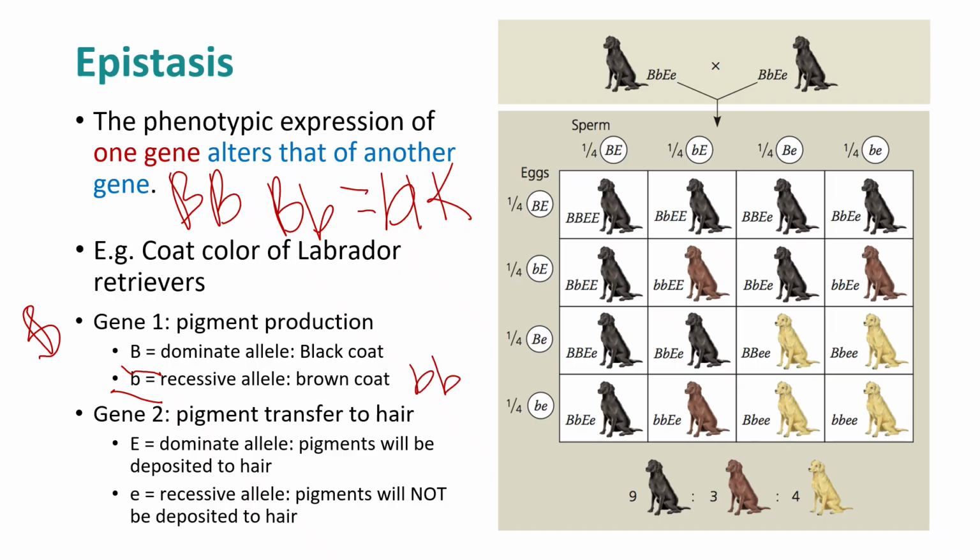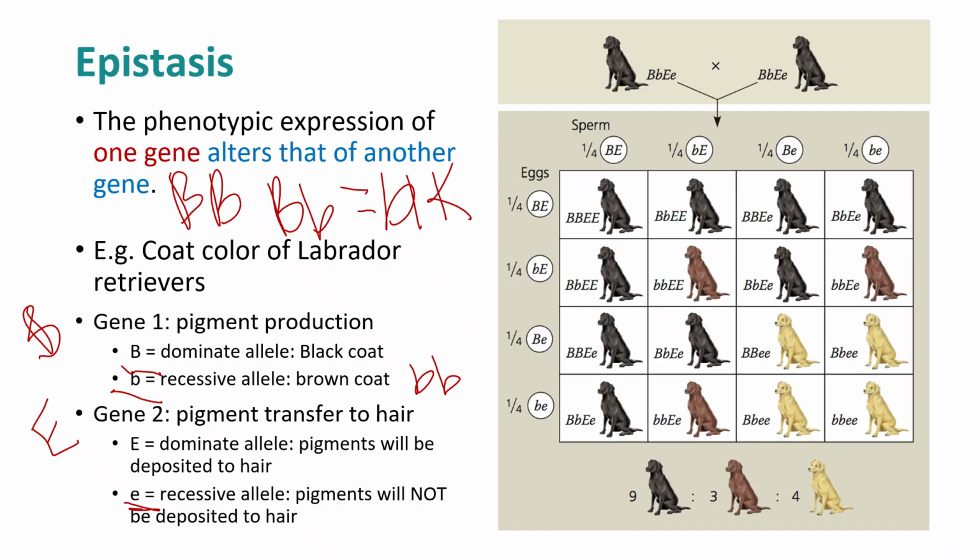Okay. The other gene also has two alleles. This is for E, right? And this allows the pigments to be sent into the hair. Recessive E, our lowercase e here, does not allow the pigments to be sent into the hair. These are also complete dominance.